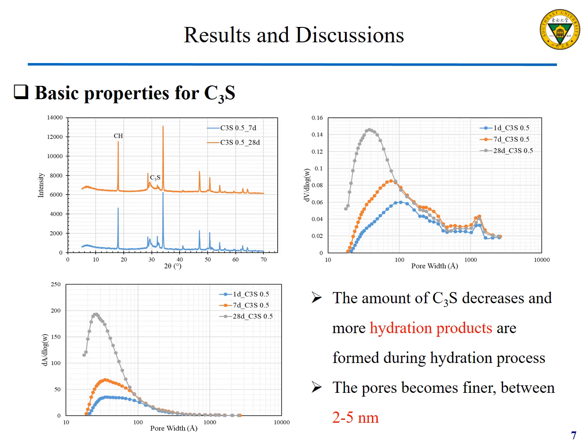With the increase of hydration time, the amount of small pores between 2 to 5 nanometers increased a lot. Since most of the surface area is from C-S-H, the 2 to 5 nanometer pores are representative of C-S-H. And also we can find that with the increase of hydration time, more and more C-S-H is formed.